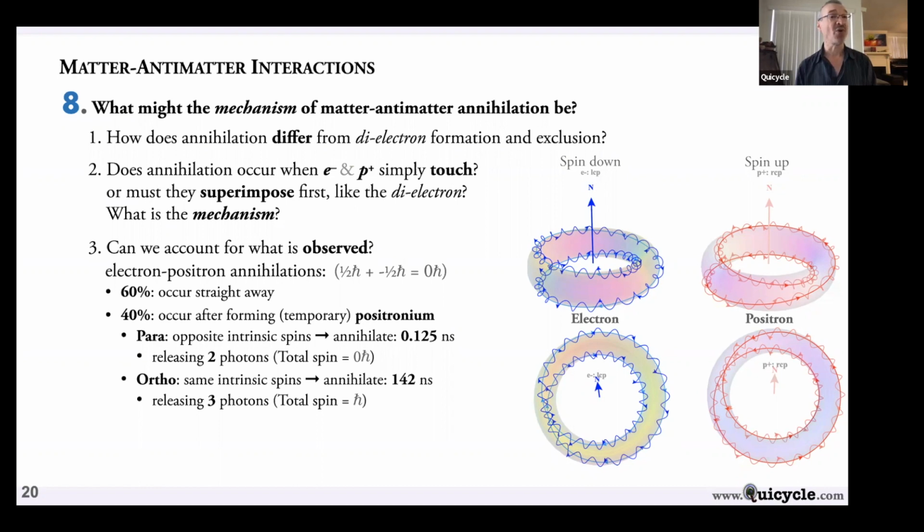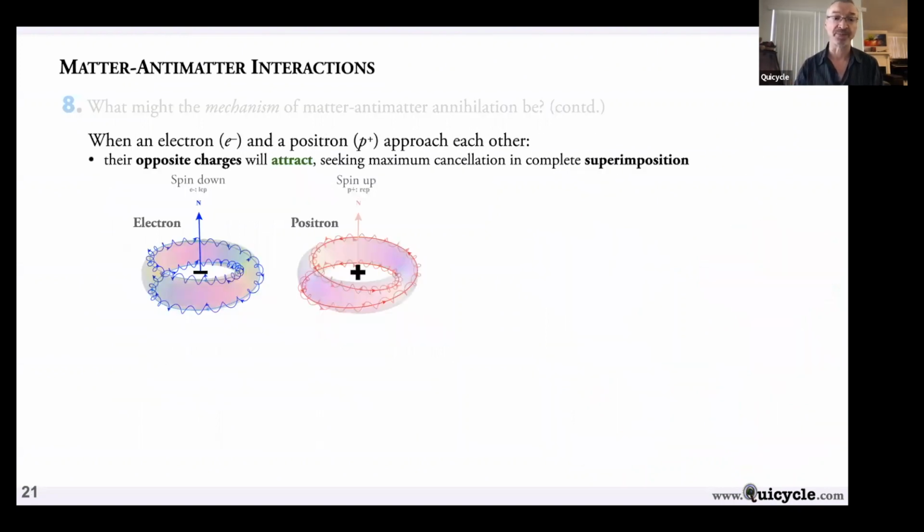But in the case of ortho, when the spins are the same, it takes over 1,000 times longer for that annihilation to take place. In addition, it releases 3 photons when it annihilates instead of 2 in the case of para. So do these things represent a spin-mediated mechanism? And does the concept we've been talking about apply here? Let's take a closer look.